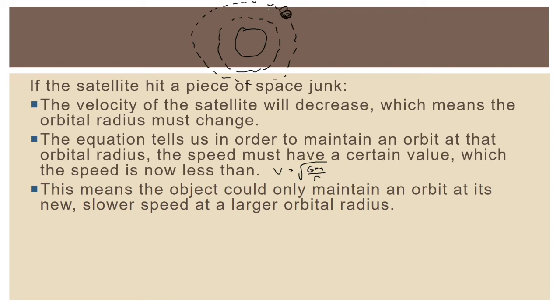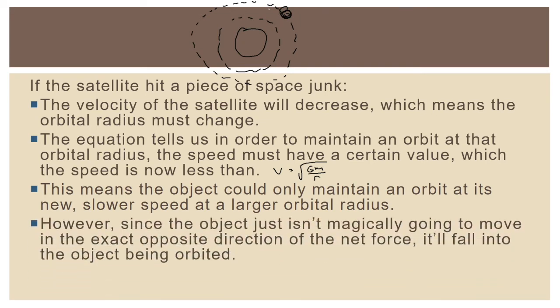There's a problem with that, though. The problem is that since the object isn't just going to magically move in the opposite direction of the net force, it's actually going to fall in to the planet. The idea is it gets slowed down here. It can't be here going that slow. It can only be here going that slow.